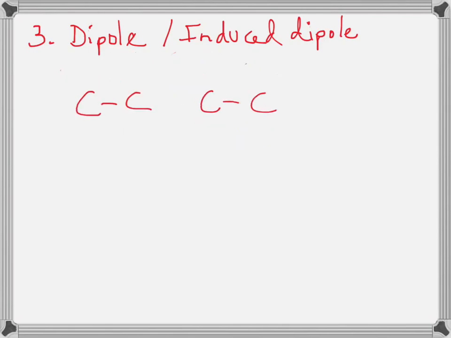Another version of this, as you could probably predict, is an induced dipole-induced dipole interaction. So in this case, again, we have two molecules, or in this case, I have two bonds that are non-polar. They don't have any partial positive or negative charges. But remember, these are like two little swimming pools, and eventually the electrons on one of the pairs might all pile up down on one end of the molecule, as shown here.